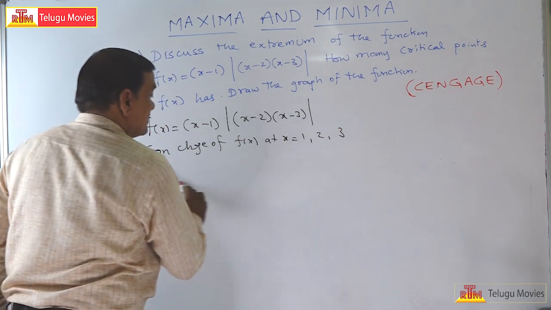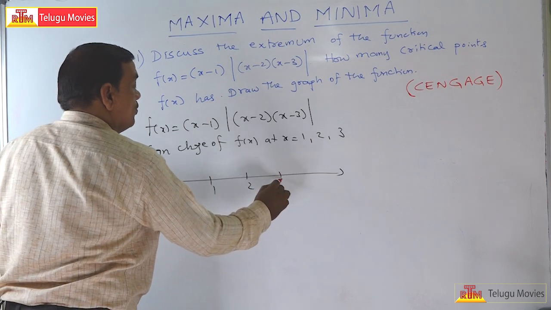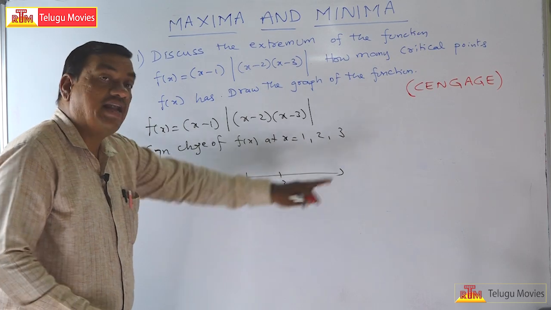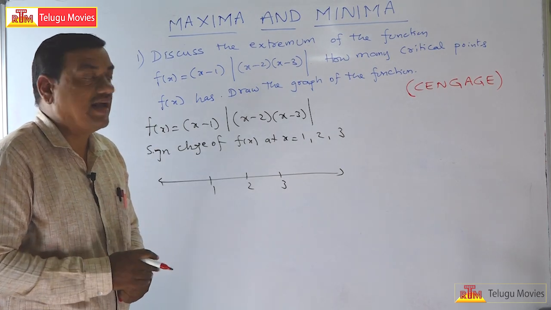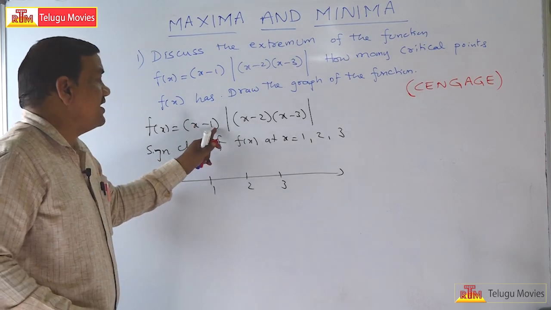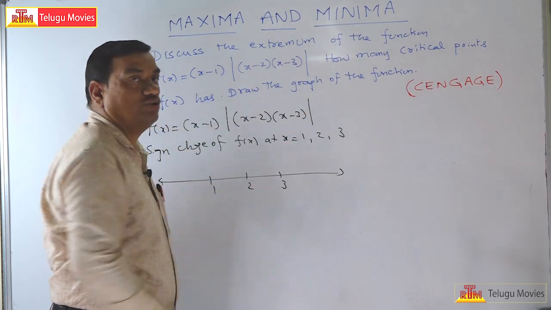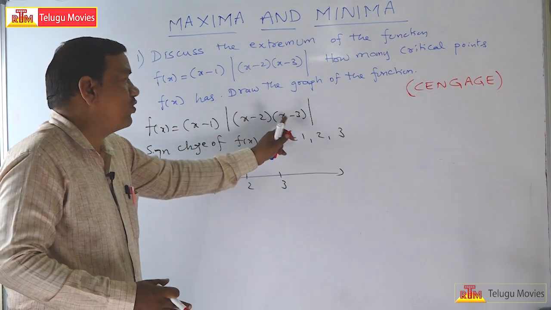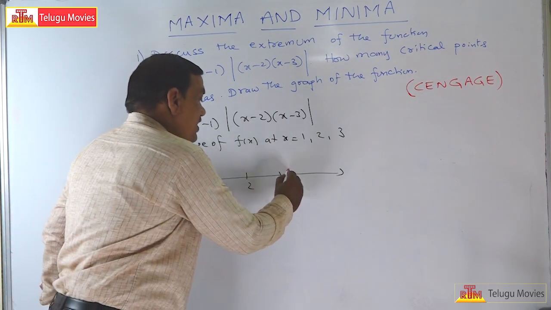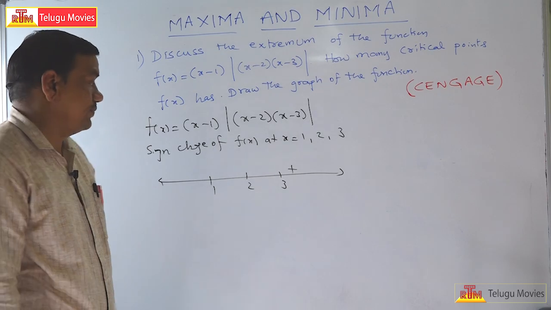If you take any value greater than 3, then x minus 1 is positive, so anyhow this value will be positive. For example, if you take 4, whatever the value you take, that will be positive. So if x is greater than 3, the function is positive.